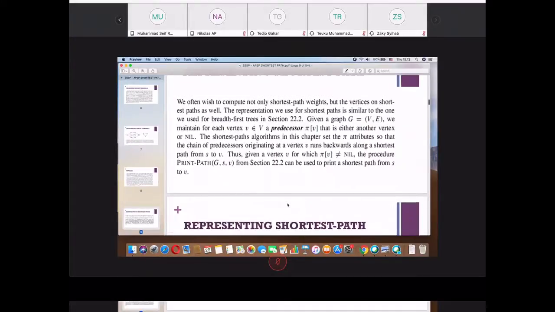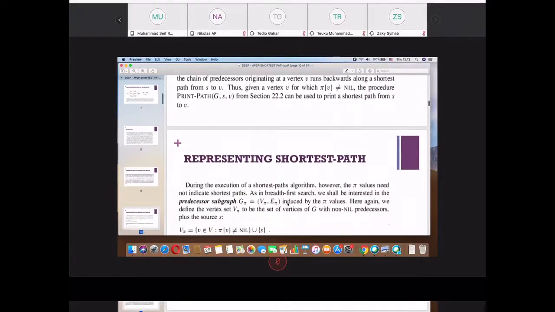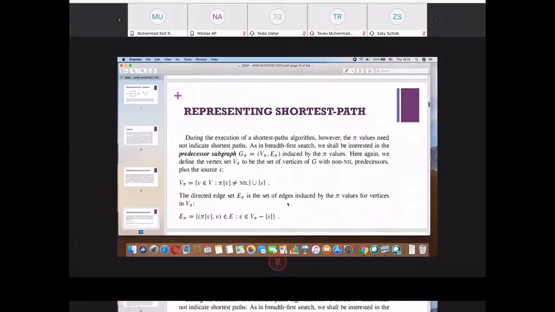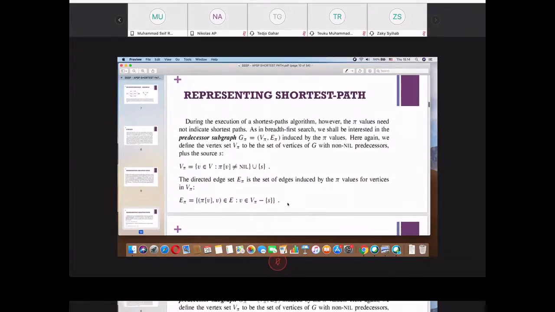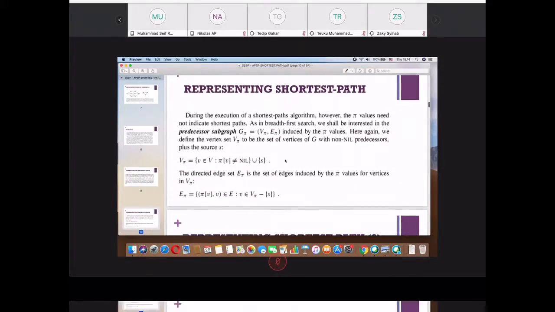It is similar to BFS, and also in this case we have a predecessor subgraph. The notation is also the same, right? And we have V pi and E pi, used by the BFS.